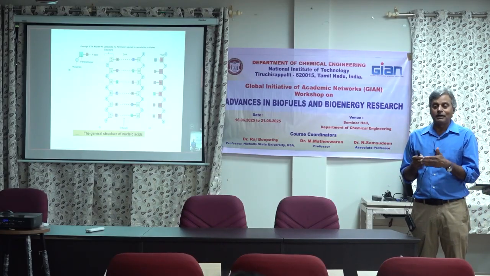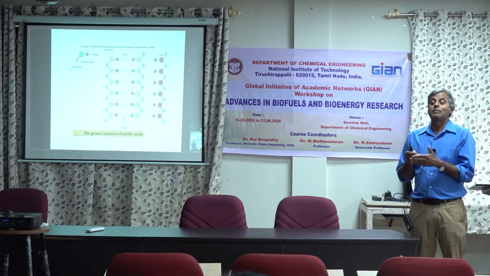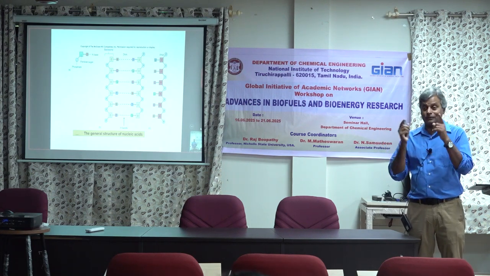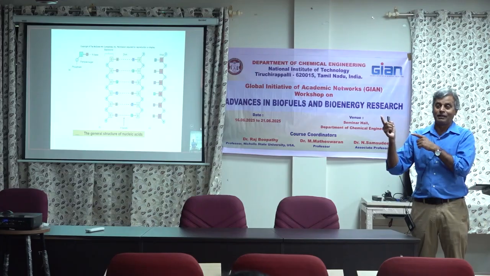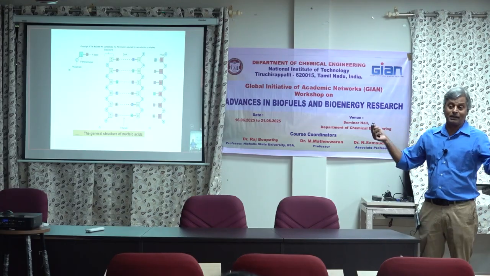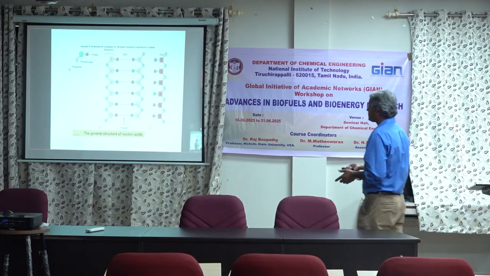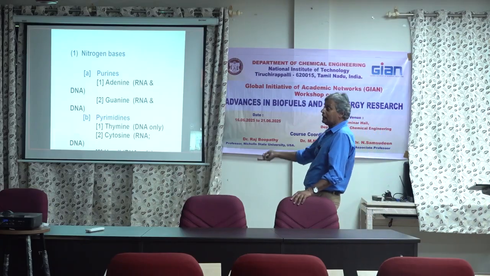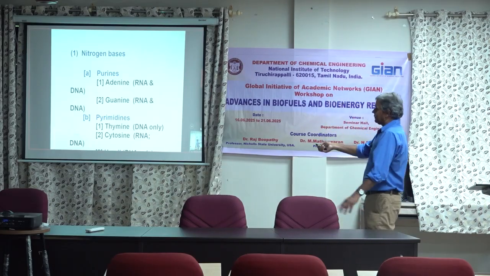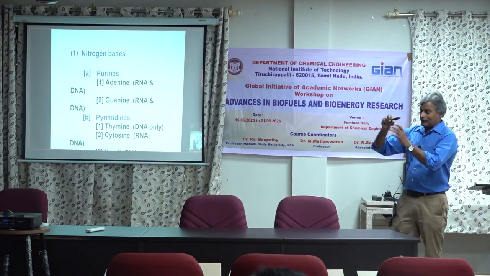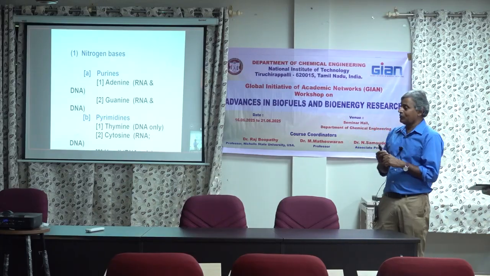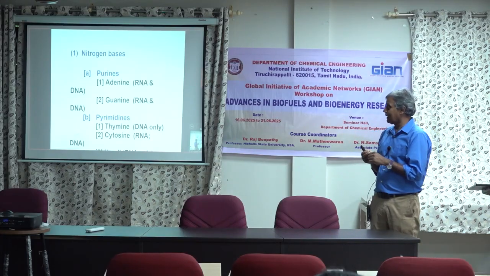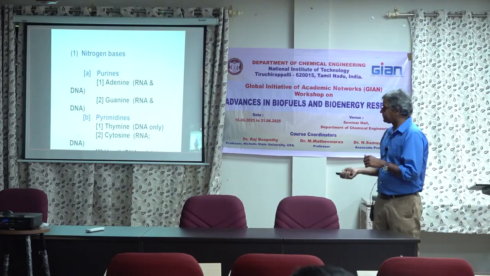So wherever there is a T, in RNA you replace it with U. Instead of A, T in DNA, in RNA you will have A, U. That's simple. Adenine, guanine, cytosine, and thymine are classified as purines and pyrimidines. The purines are adenine and guanine; the pyrimidines are thymine, cytosine, and uracil.